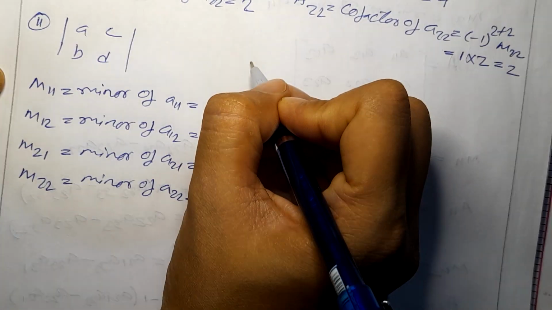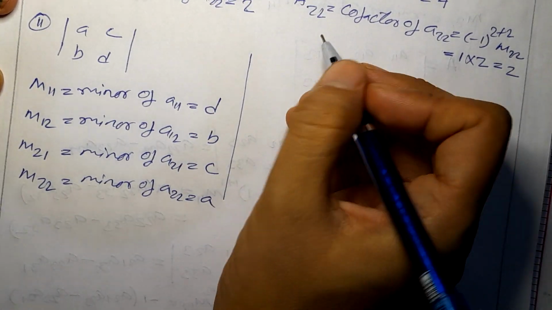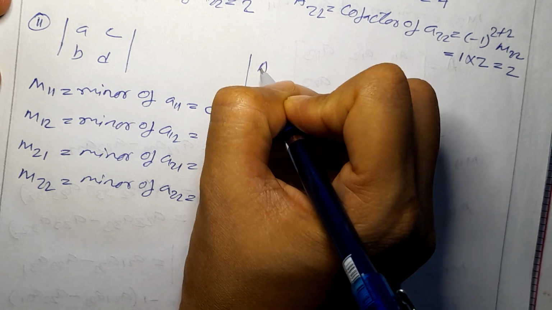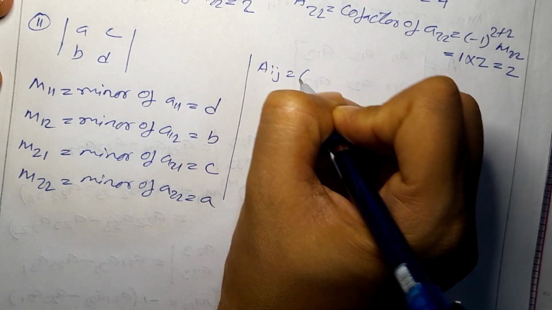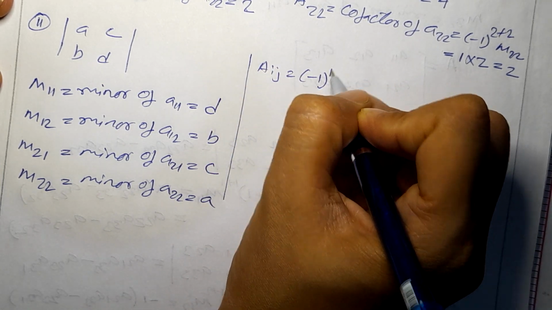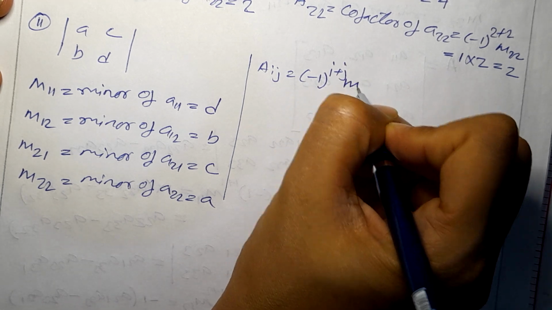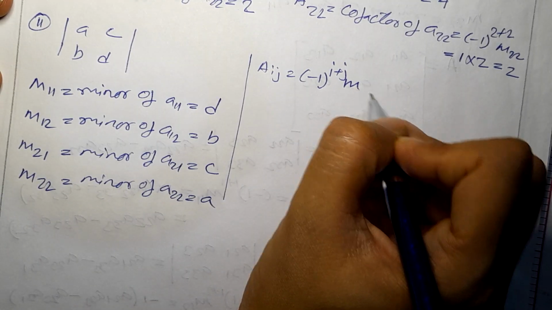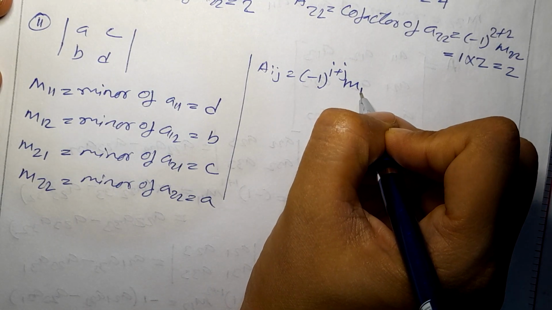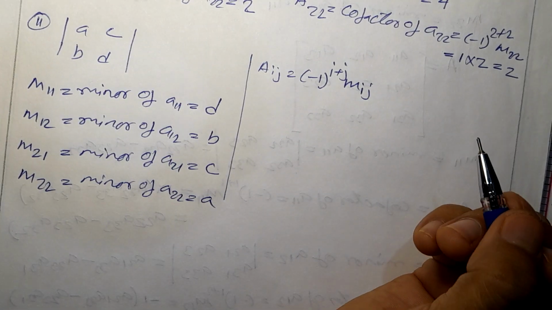Now the cofactor. The cofactor is written as Aij equal to minus 1 power i plus j times Mij. So this is the cofactor.